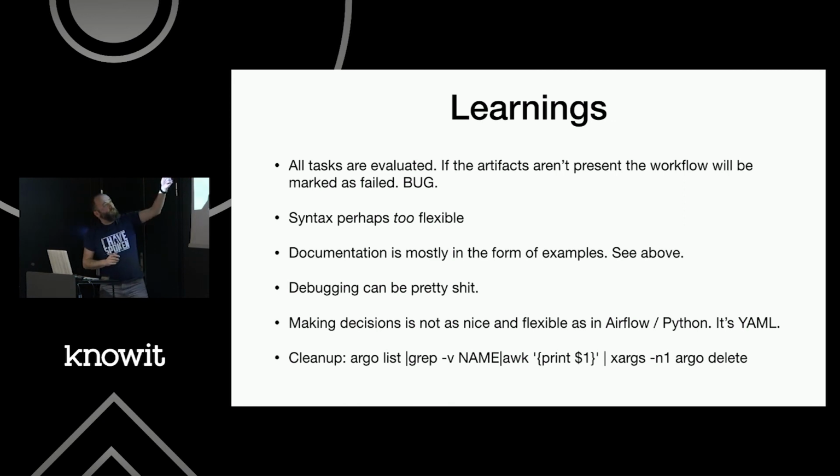Documentation is mostly in the form of examples, which is sometimes really nice, but since there are so many ways of solving the same thing, you have 5 different examples that are similar but not the same. For instance, you don't have to define the workflow as a DAG.